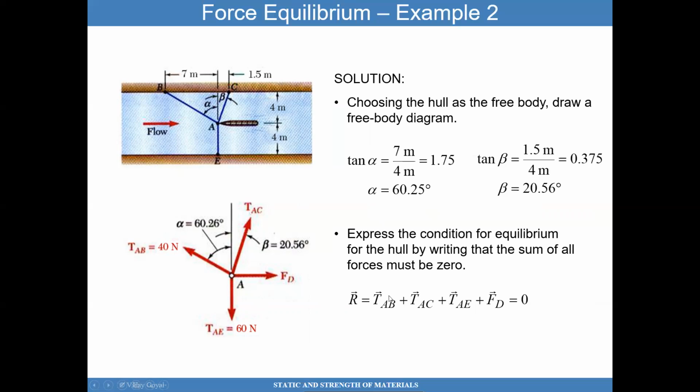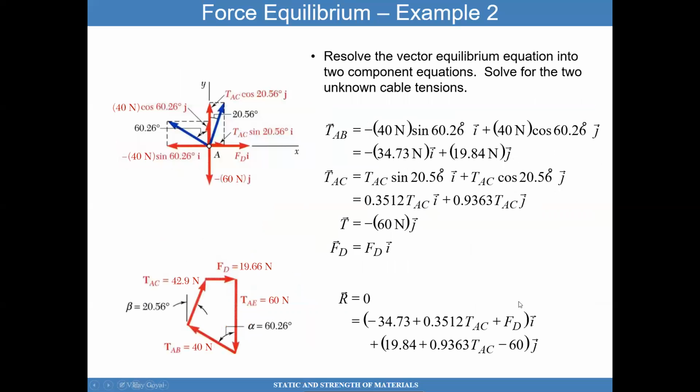I have the summation of all these 4 vectors here. The summation of all these forces should be equal to 0. And so now, all I have to do is decompose each of these forces. I can decompose TAC onto the y-axis and the x-axis. I can decompose this 40 newton load that's at an angle into the y and x-axis.